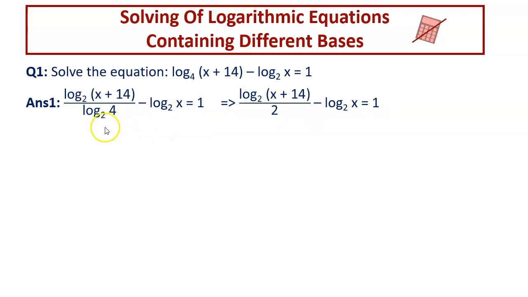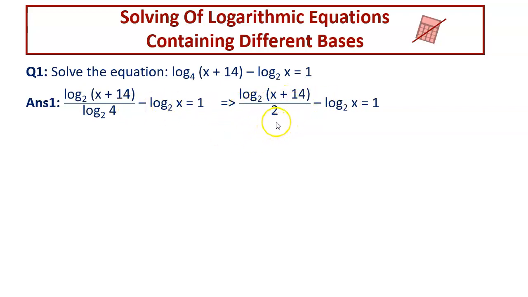This is how you come to this answer. Log of 2 squared to the base 2 is equal to 2 times log of 2 to the base 2, which is 2 times 1, or 2. And the other terms are staying as they are.